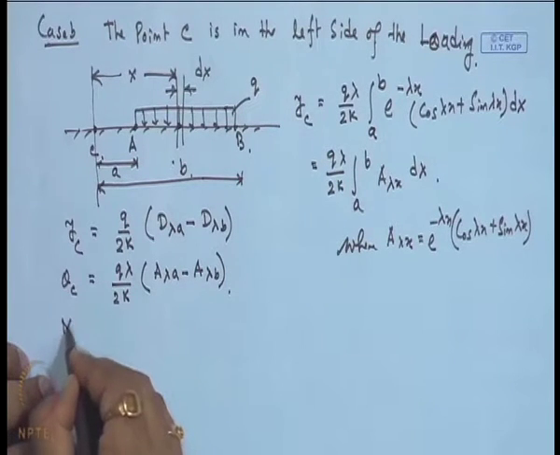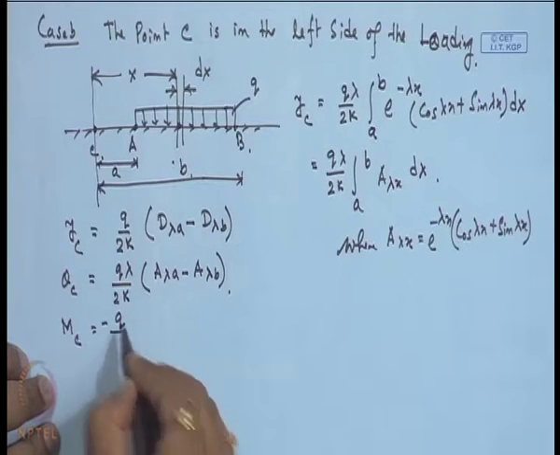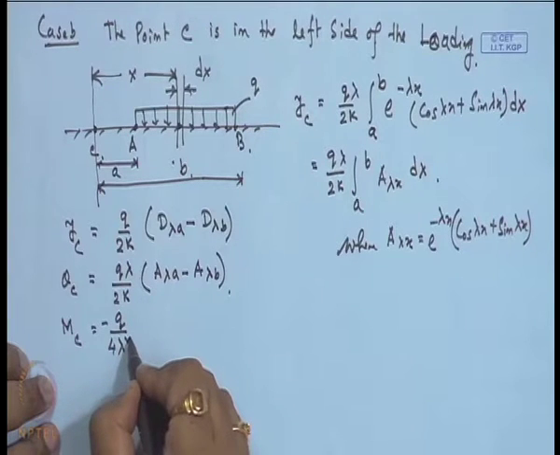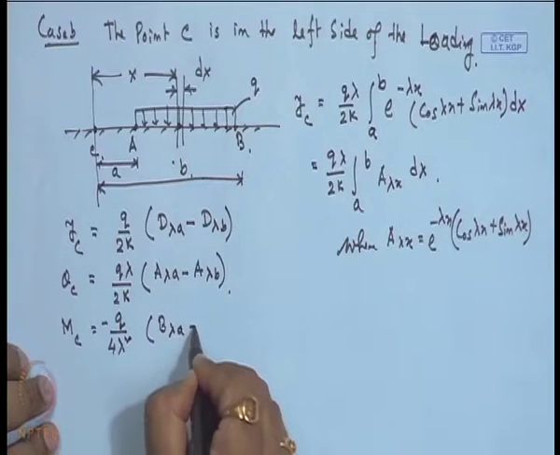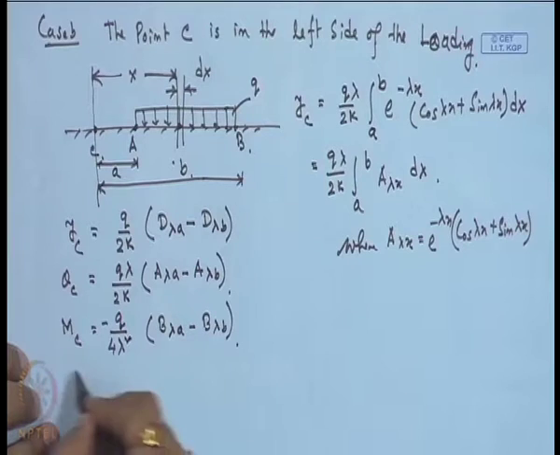Similarly, bending moment for C is q by 4 lambda square into b lambda a minus b lambda b.